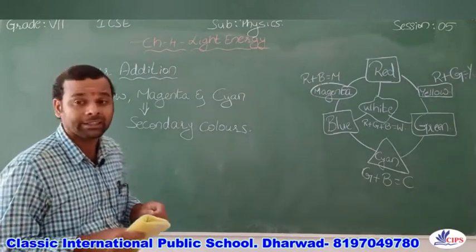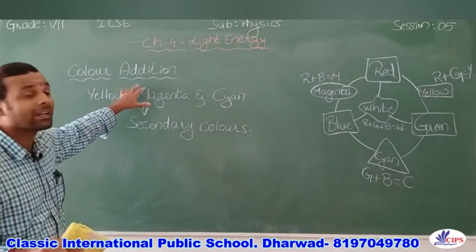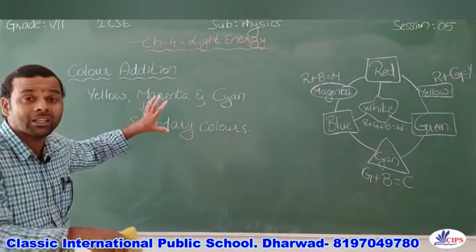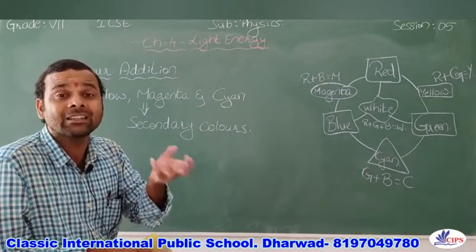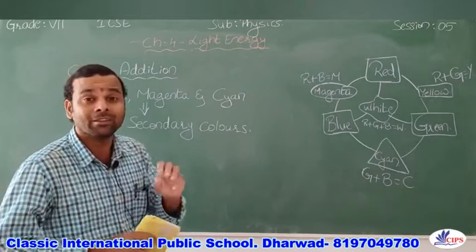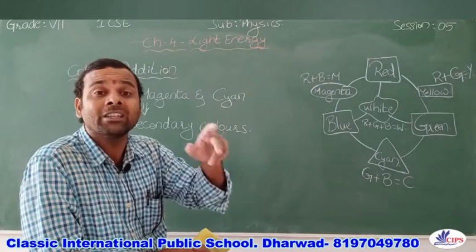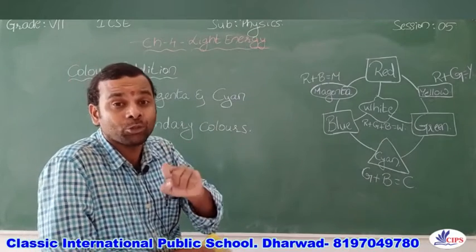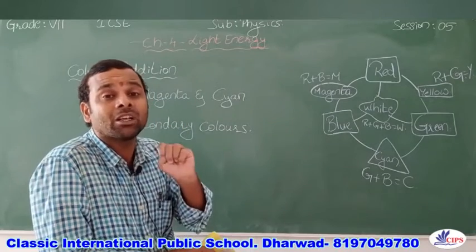Is this clear? Right. And now we are discussing color addition. This gives me information about what happens when you add colors. As I have told you, this addition of colors is used in television screens or also computer monitors.